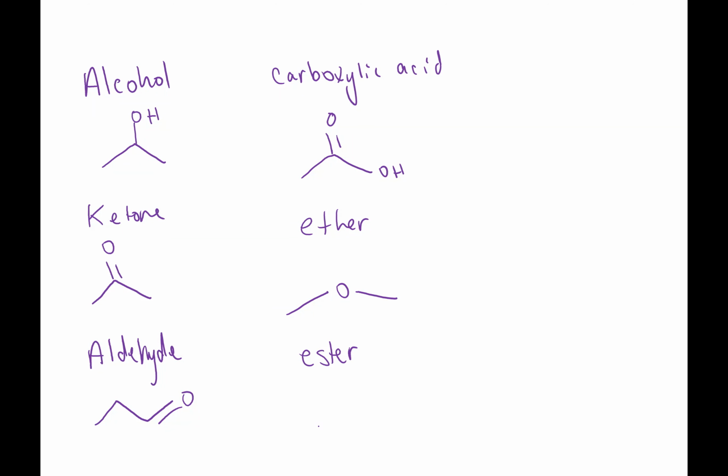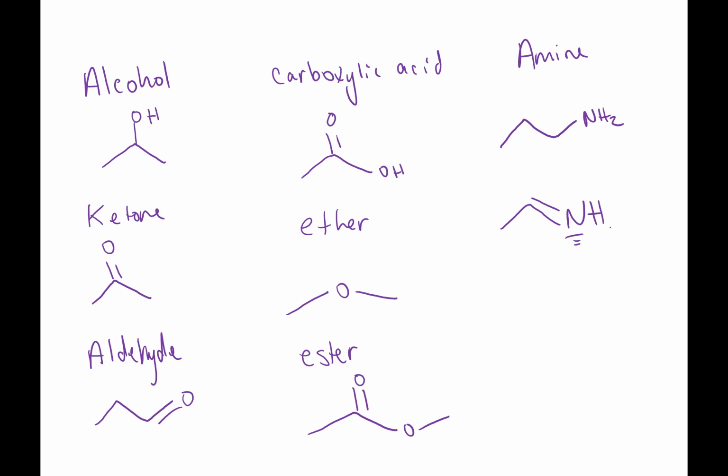An ester, I'll draw it like this, is a ketone with an ether group next to it. I think I only have two left. I have amine. This is a carbon chain with an NH attached to it. Again, an amine doesn't have to be NH2.